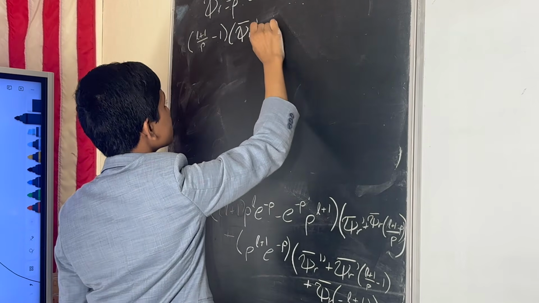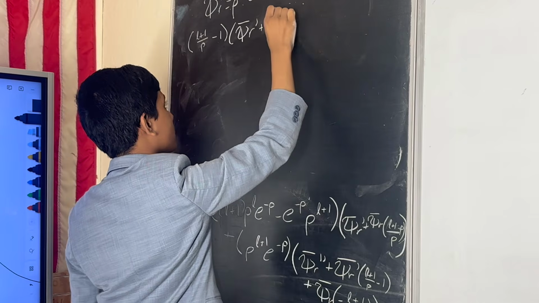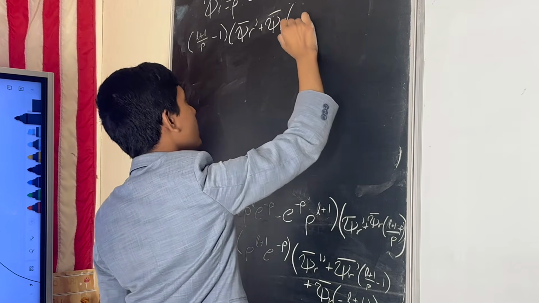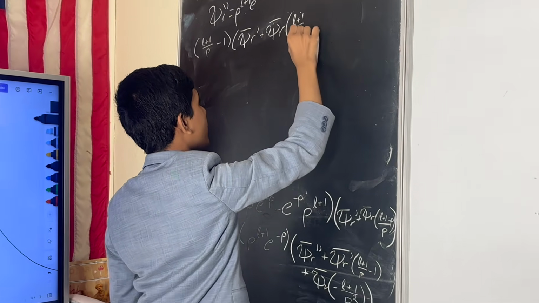Prime plus psi r overline (L plus 1 over rho minus 1).